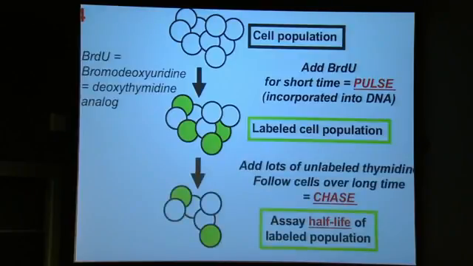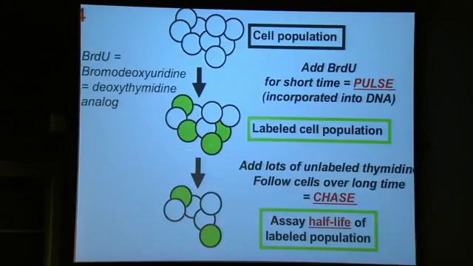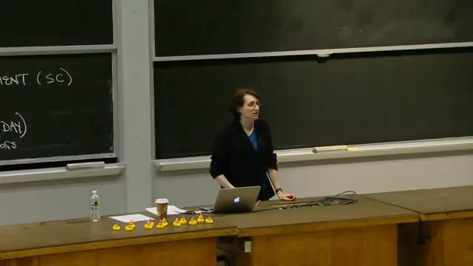Then you stop the labeling by adding lots of unlabeled thymidine, and that's called a chase, and you follow the cells over this long chase period, and then you can watch and see what happens to those cells that you initially labeled over a very short time. And so in this example, I've got 4 cells initially labeled. Over time, there are only 2 cells left. And if you measure the time from going from 4 cells to 2 cells, you can get to the half-life of that cell population. Okay?